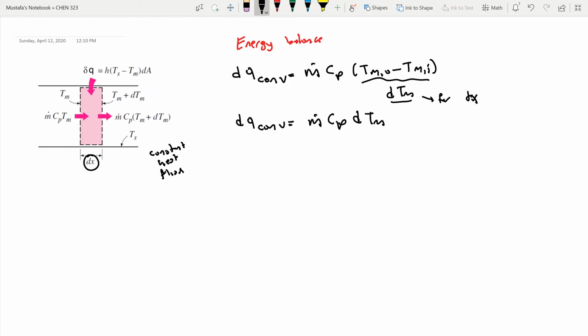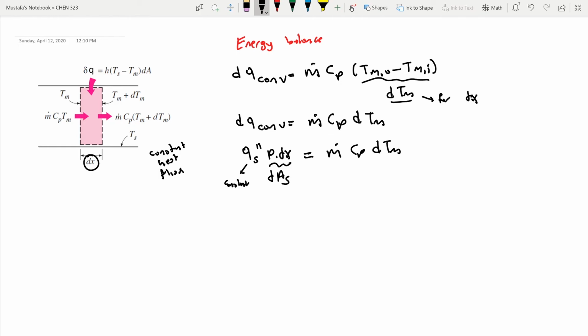So dq convection can be written as this constant heat flux, whatever that is, multiplied by the surface area dA surface, and this is equal to mCp dTm.